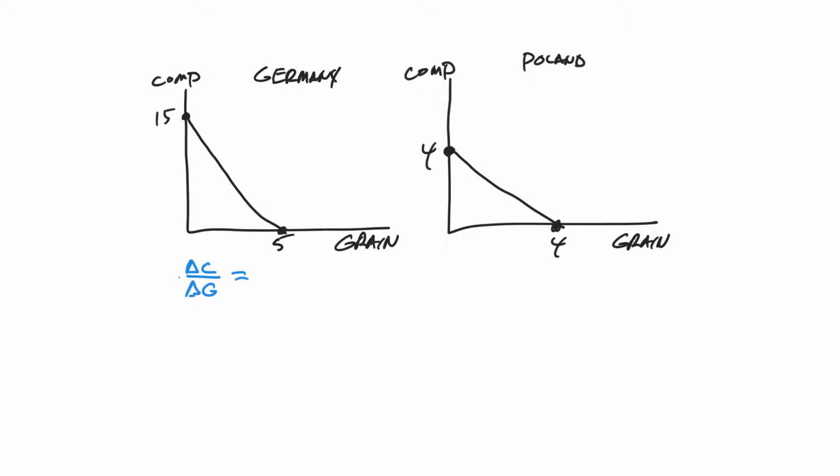Okay, so if Germany wants to go from 0 out to 5 units of grain, that would be a change of 5 units of grain. And what would they have to do to get those 5? They'd have to go from 15 down to 0 computers.